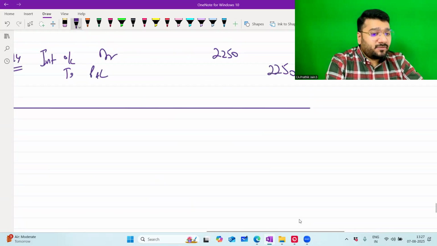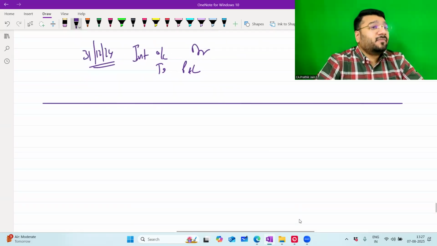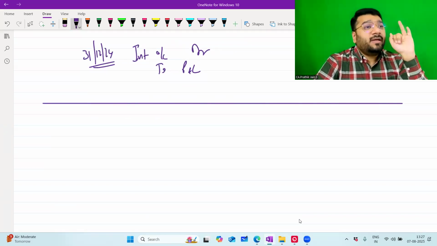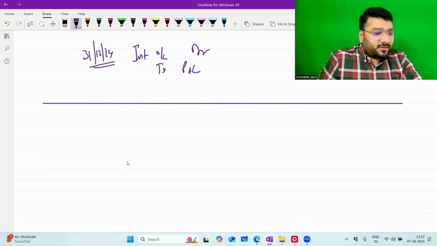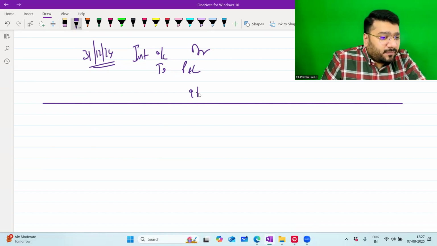How many columns on each side? 5. Main column, then 3 columns: face value, interest, amount. Do the heading first. 9% bond in X Limited. Do it fast. We just have 2 minutes to wind up.